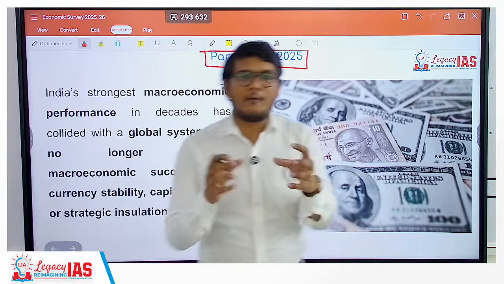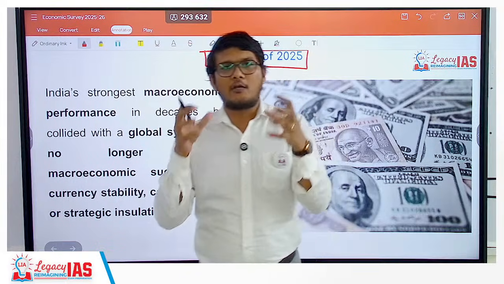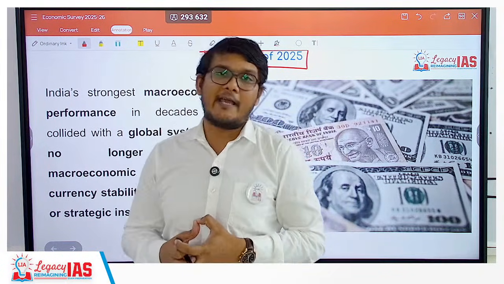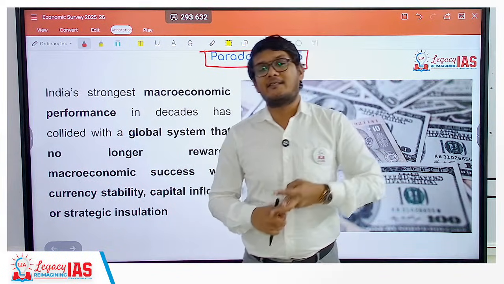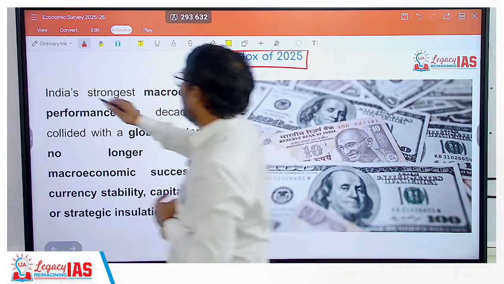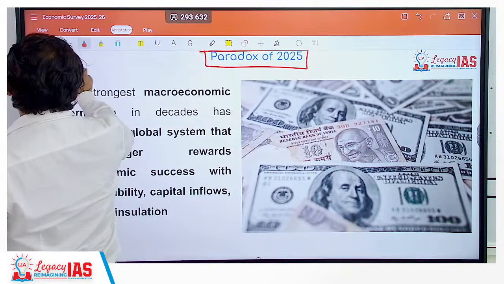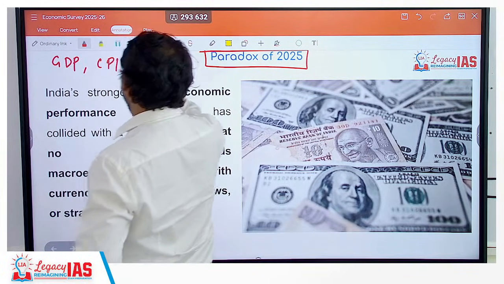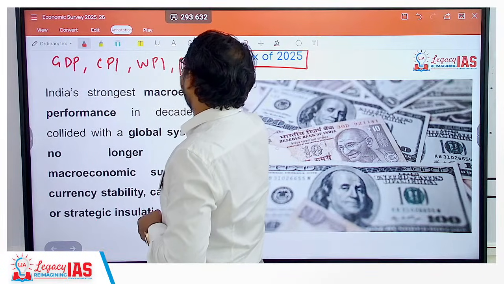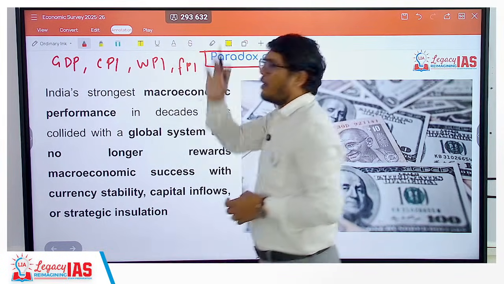If you talk about economy, the macroeconomic parameters that are there, for example, the GDP growth rate, the inflation statistics, your consumer price index, your wholesale price index, your food price index, so on and so forth.